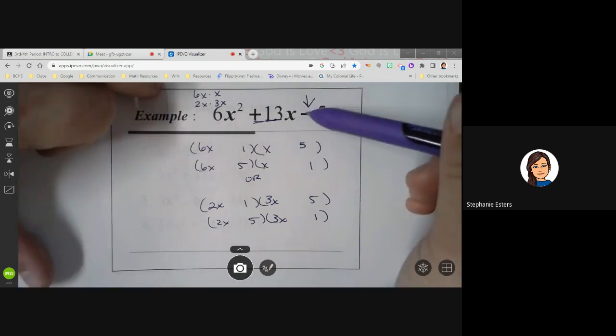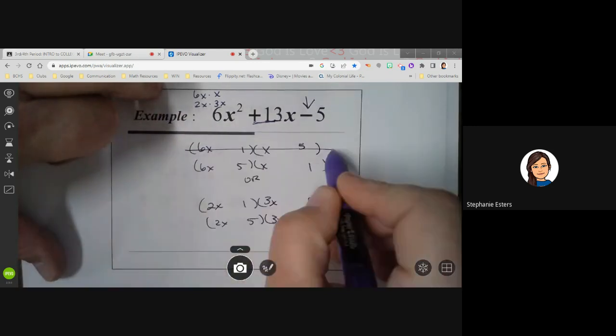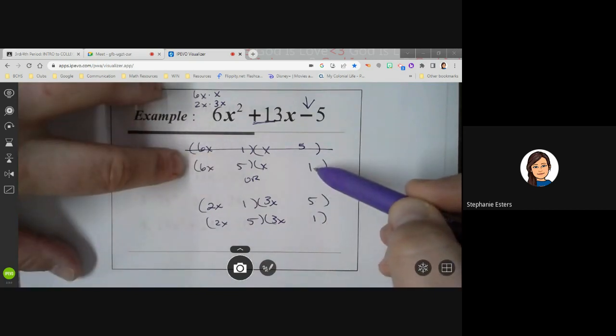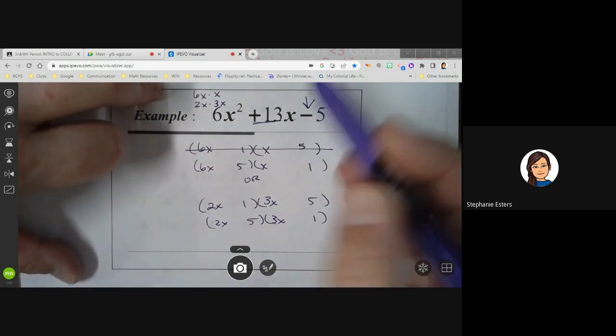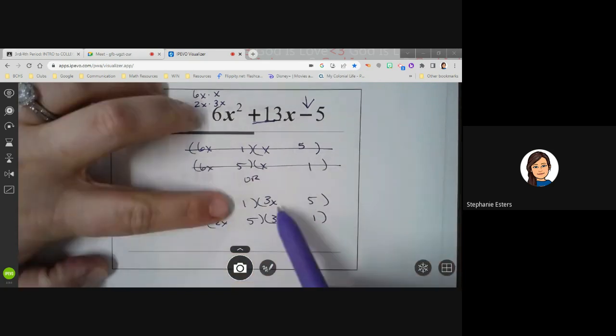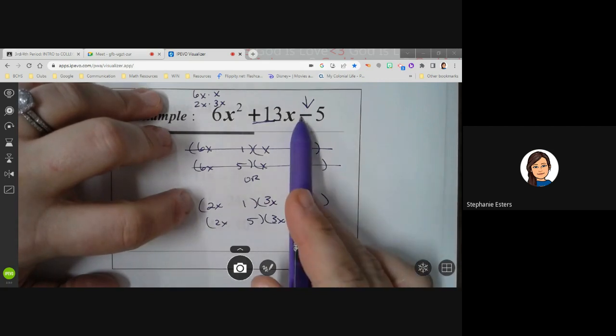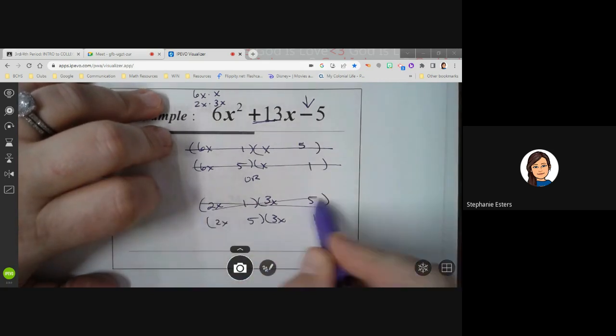30 and 1 will never subtract to give me 13. That doesn't work. Here, 5 and 6 cannot subtract and give me 13. That one's out. 3 and 10 could add and give me 13, but not subtract. So that one's out too.